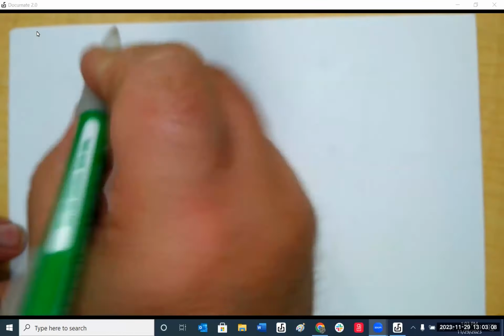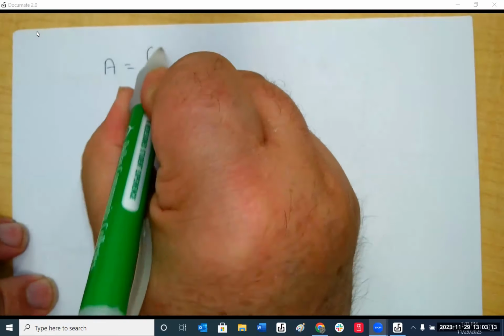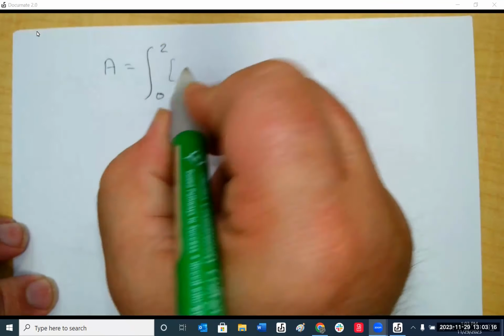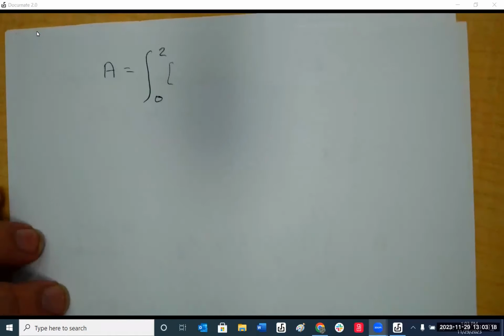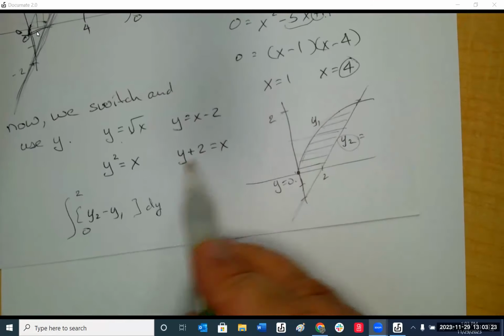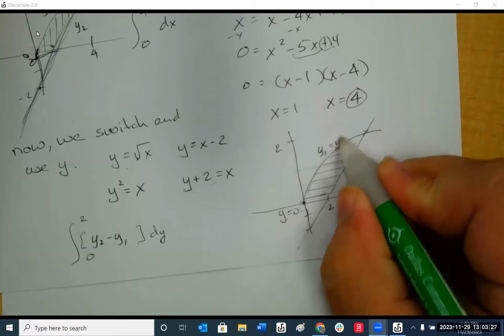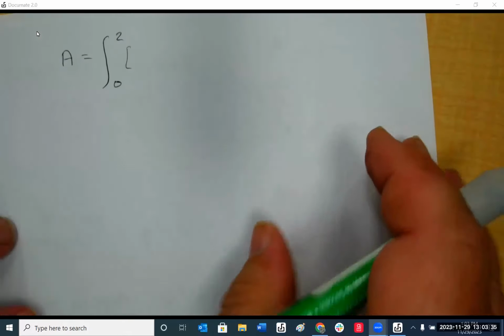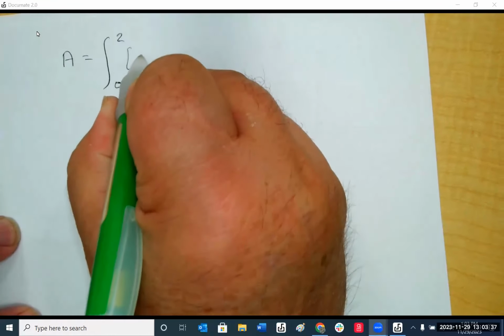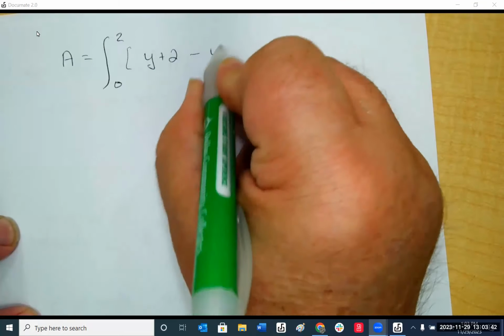So our area is going to be from 0 to 2. The second equation, this one is y plus 2, and this one is y squared. So we do y plus 2 minus y squared.